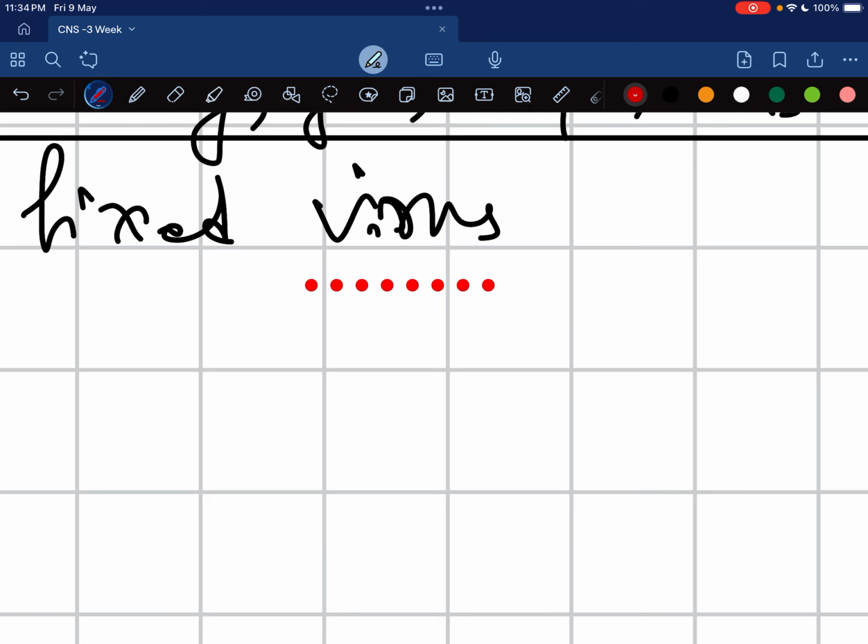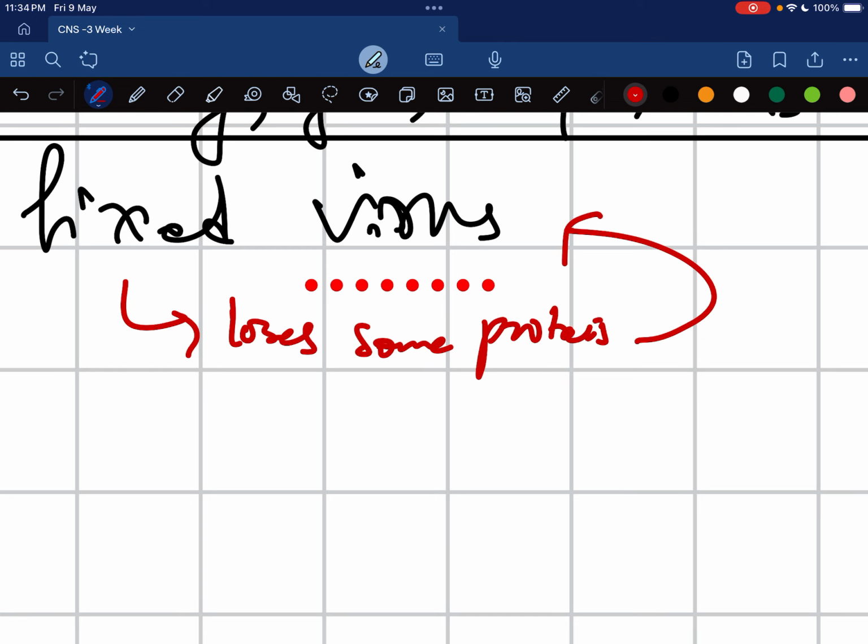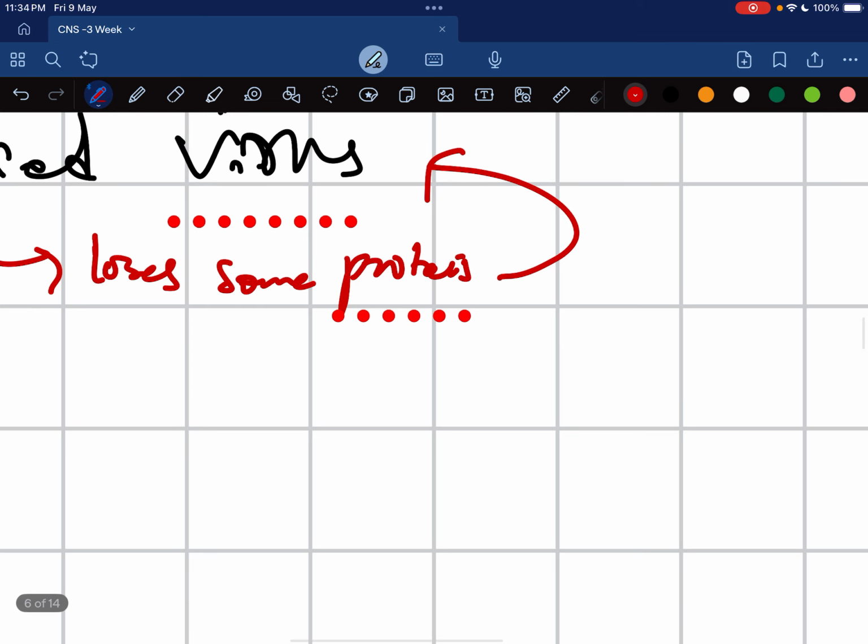When we move to the fixed virus, when the street virus is propagated in rabbits by serial brain to brain passage, it loses some properties and becomes the fixed virus, the fixed strain.